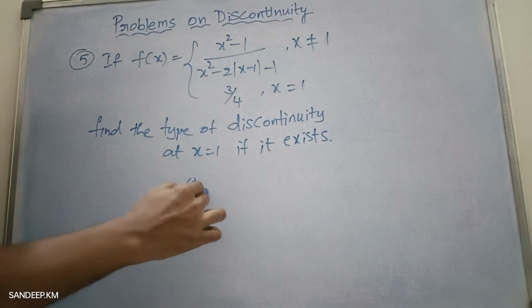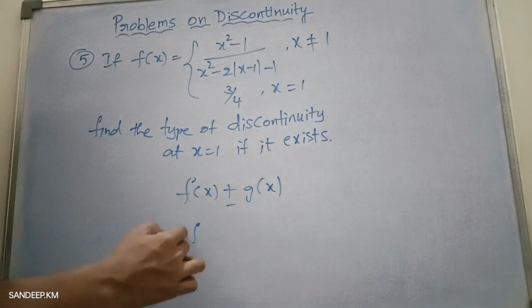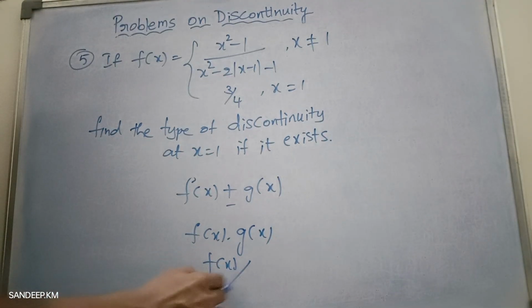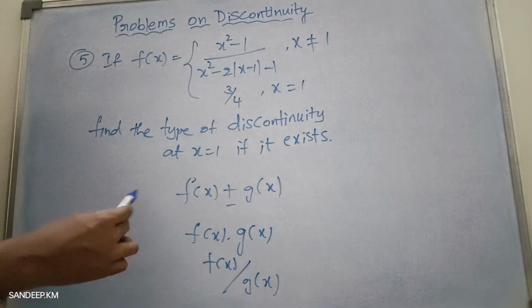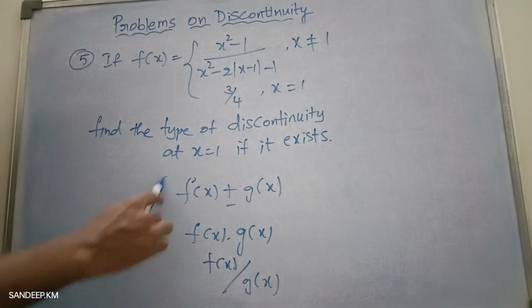So in the upcoming videos, let us discuss the continuity of the functions which are in the form of f of x plus g of x, or f of x minus g of x, or f of x into g of x, or f of x divided by g of x. So we will discuss the continuity of these types of functions. Very important.